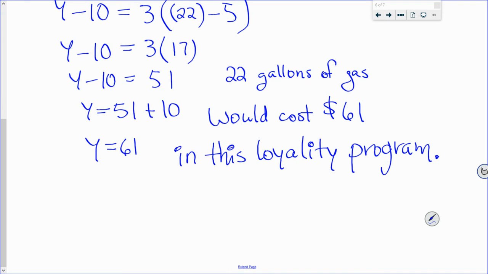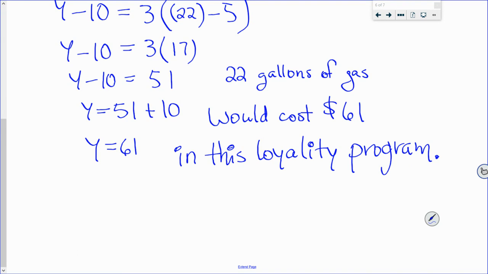So that's all I have to do with it. I can take that point slope form and use it to create equations. And once I can create an equation, I can take that equation and solve lots of questions.